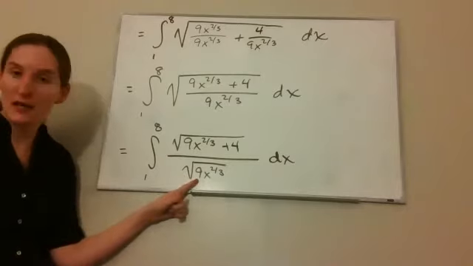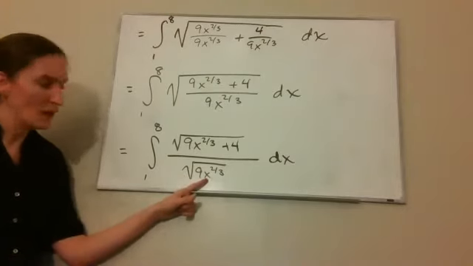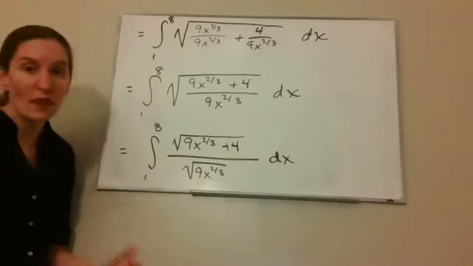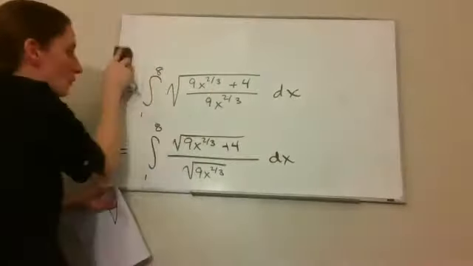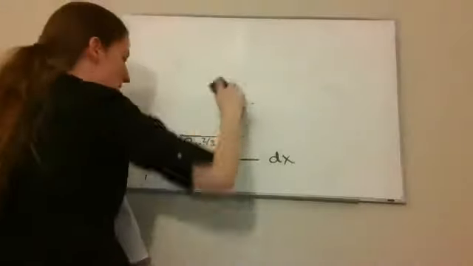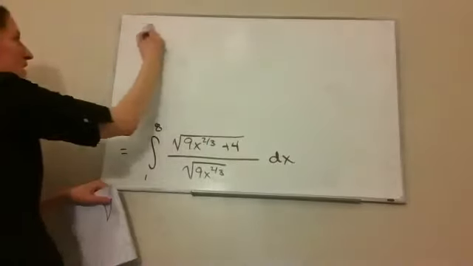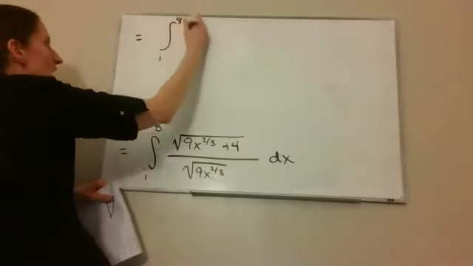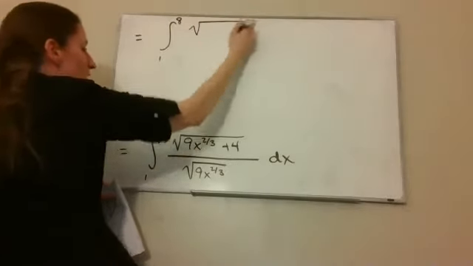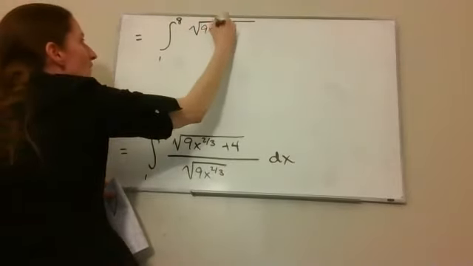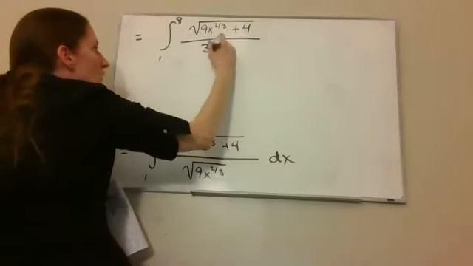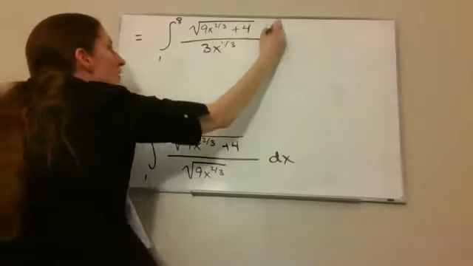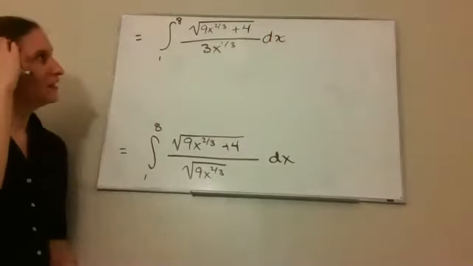The square root of 9 is 3. Square root of x to the 2/3 is x to the 1/3. So if I simplify by taking the square root of that bottom, we get an integral from 1 to 8 of a square root of 9x to the 2/3 plus 4 over 3x to the 1/3 dx.